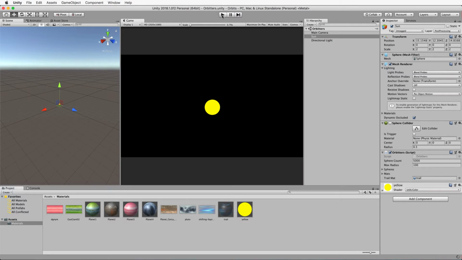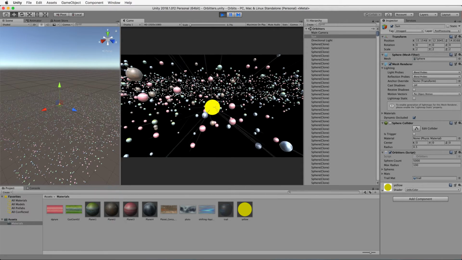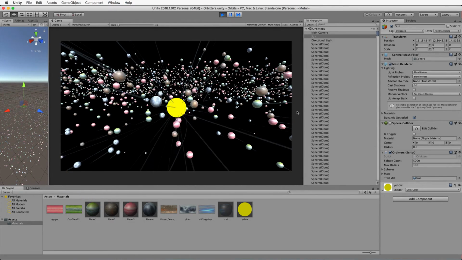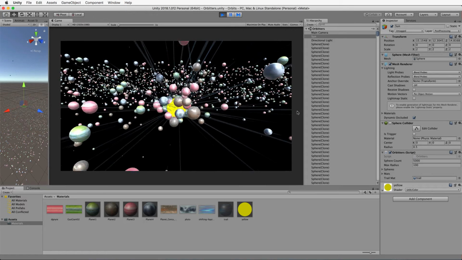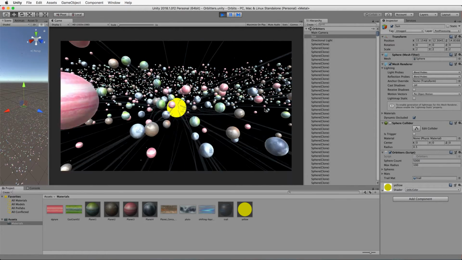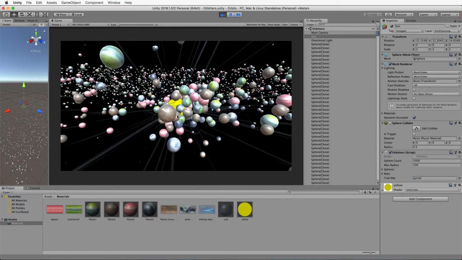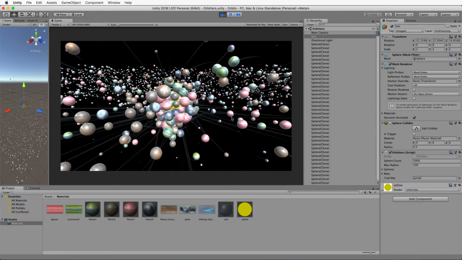Right, so press play and we should get all our planets created and they'll start to get a force added onto them. Make this a bit bigger and you can see they're now coming in towards the sun. Now, any particular rotational movement that you might see there in the trails is from the collisions that's happening to the spheres.